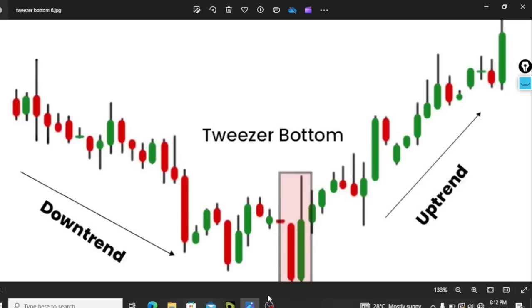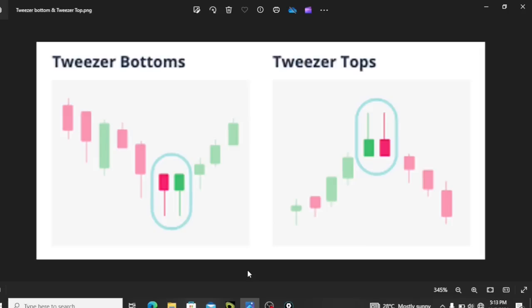All right. The next candlestick pattern we are going to discuss is the Tweezer top. The Tweezer top is the opposite of the Tweezer bottom, and it is an indication that there's going to be a massive movement to the downward side. So when you notice it, just know that a downward movement is loading, a massive downward movement for that matter.